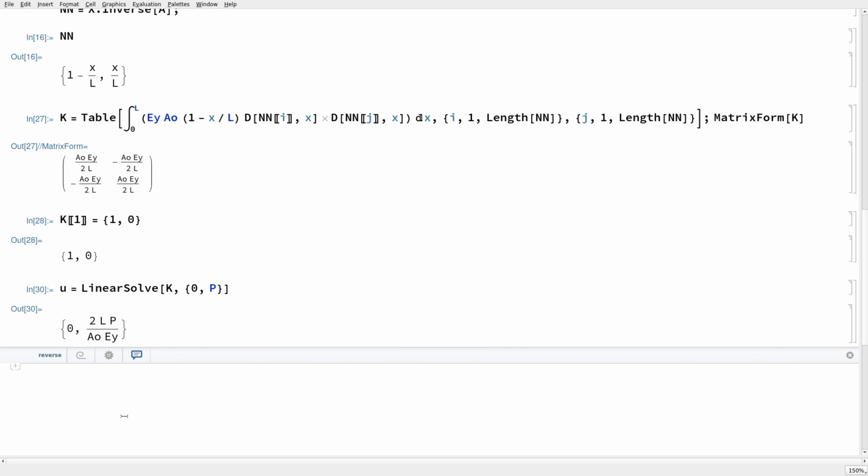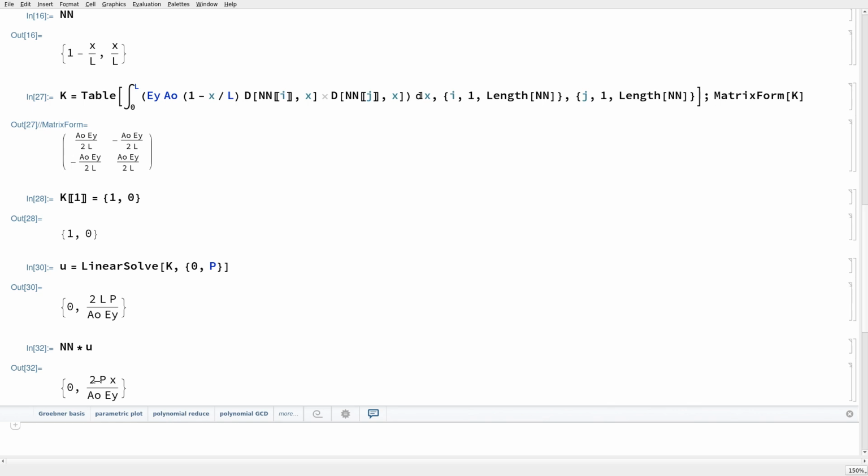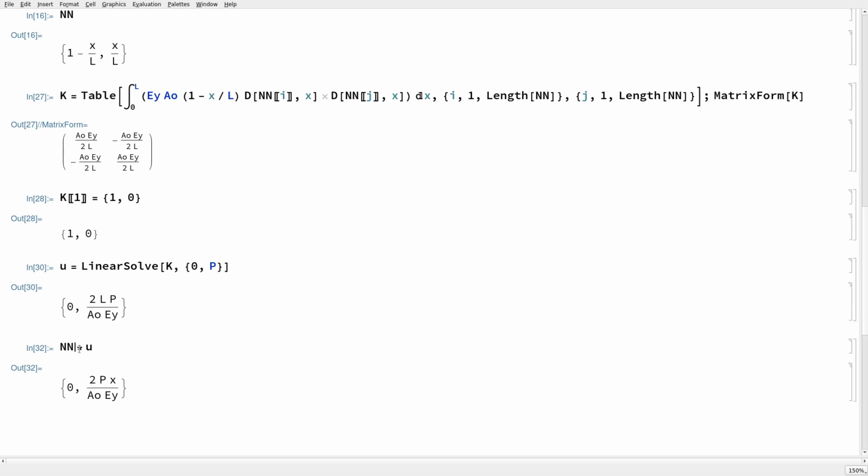But these are the unknown nodal displacements, but remember, not dot U, but rather times U. Oh no, that's right. Yeah. I'll call these the nodal values, the UJs, right?